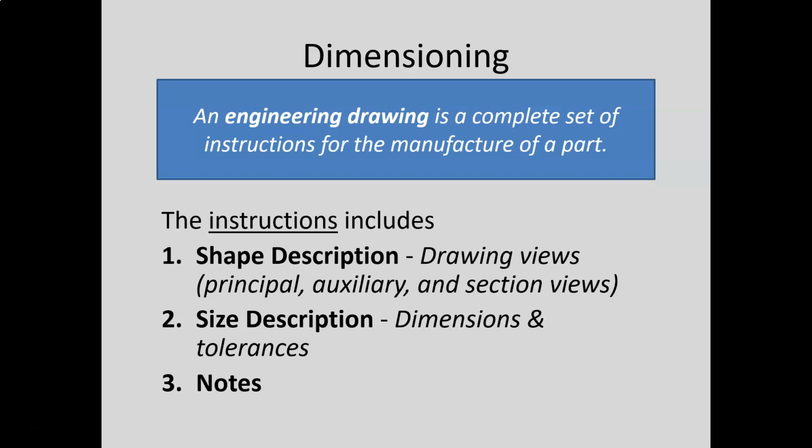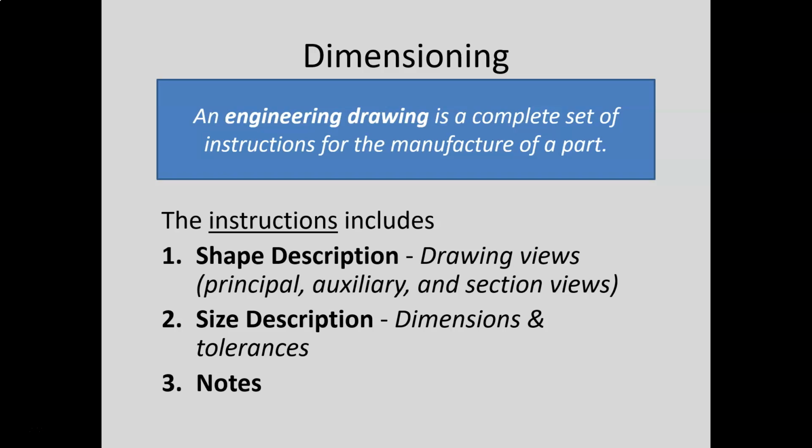Actually, it introduces zero distortion, as opposed to a three-dimensional view or anything confusing like that. So the shape description is done with the orthographic views, and that includes any auxiliary views and any section views. The view part of the drawing describes the shape of the part that we're trying to manufacture.